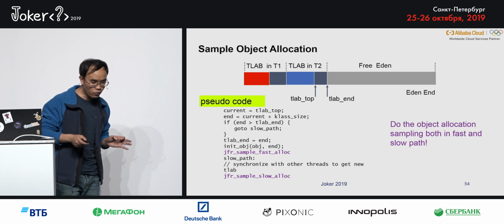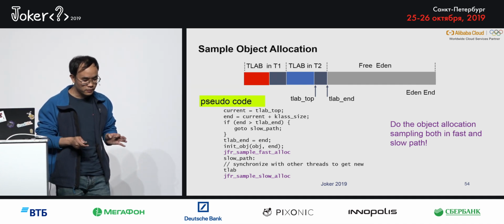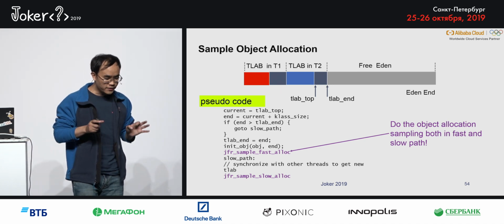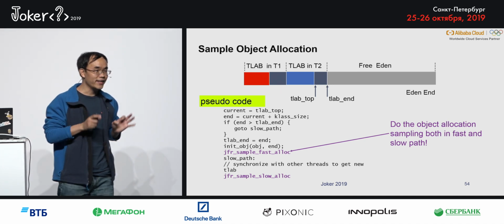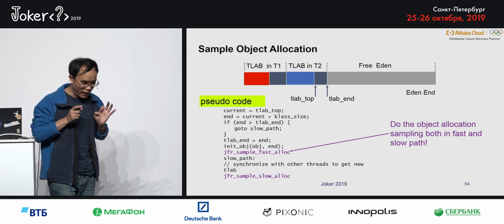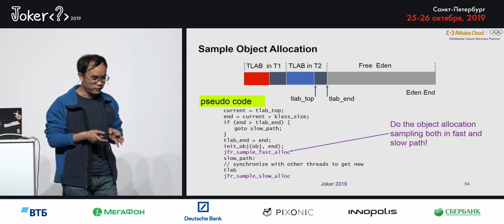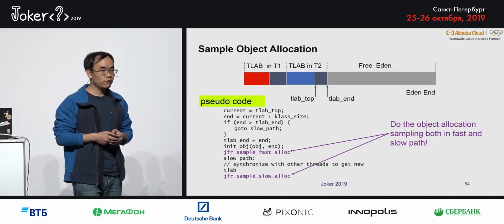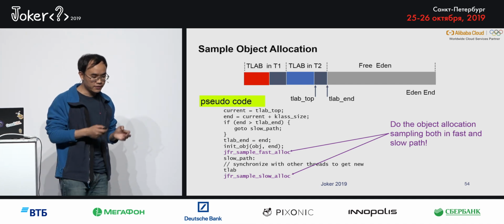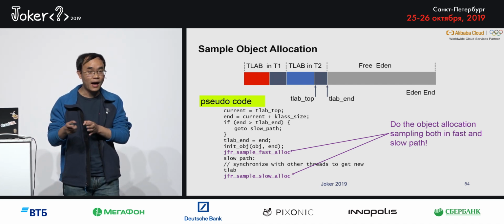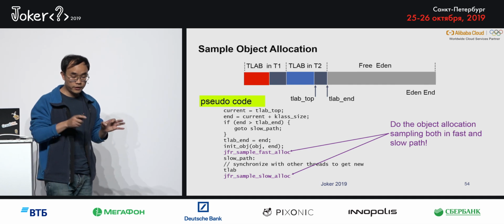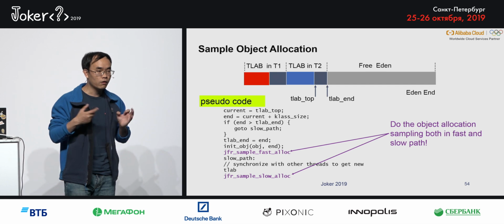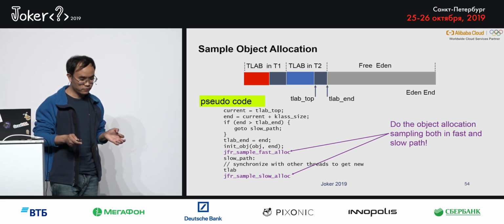When we do object allocation sampling, the first place is when the object has been allocated from TLAB. When the allocation is done, we can trigger the sample. Otherwise, if the TLAB is not enough and it goes to the slow path, even in the slow path we also track and take samples for your object allocation.